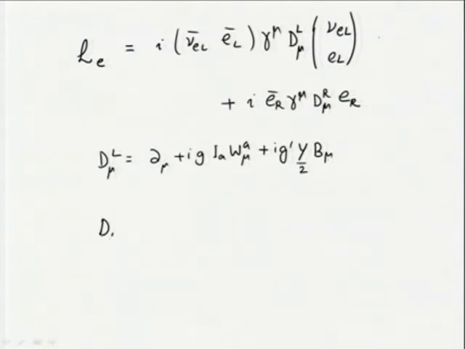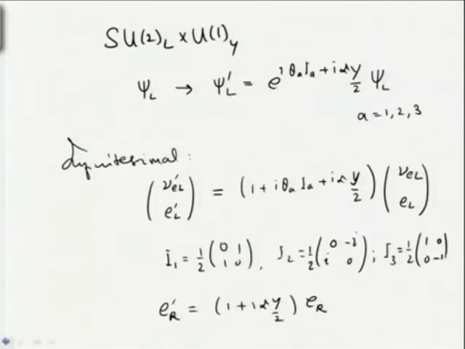For the right-handed particles, the transformation is with the covariant derivative ∂_μ plus i g' Y/2 B_μ, and this is because I is equal to 0 for this particle.